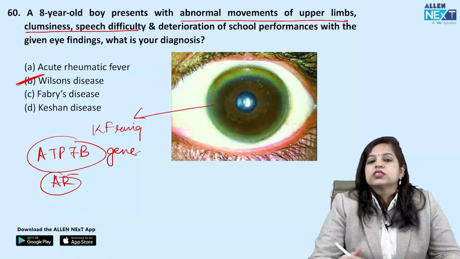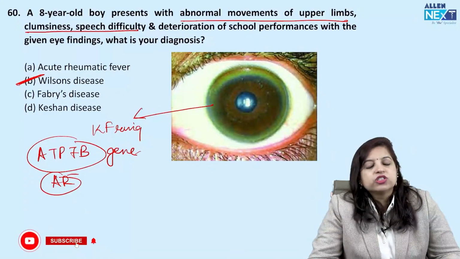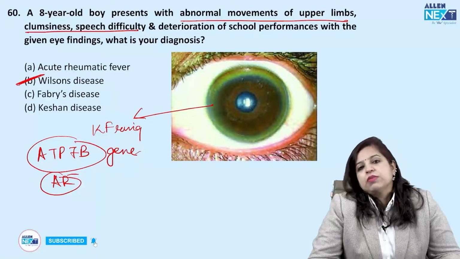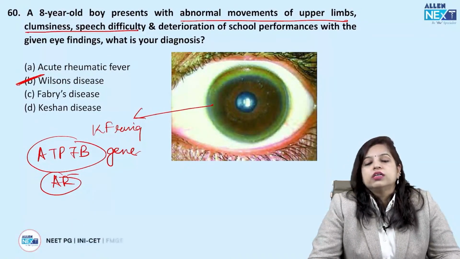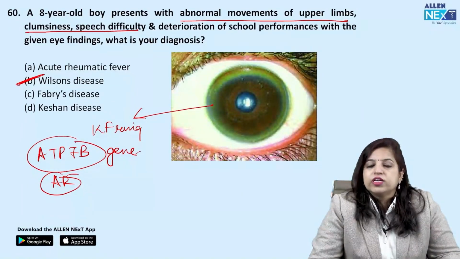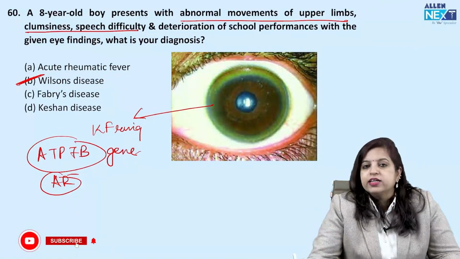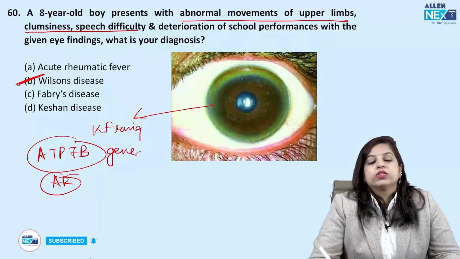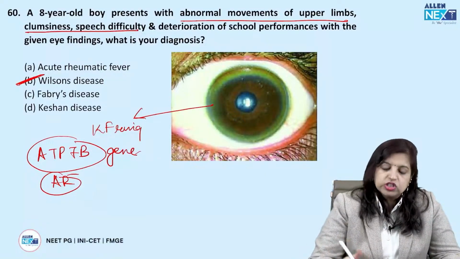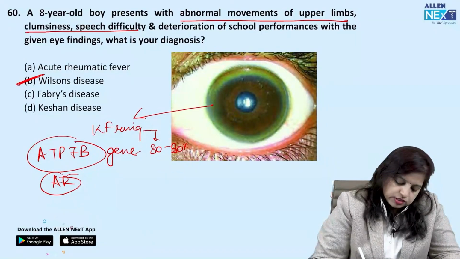And KF ring is seen more in the neurological manifestation. However, younger children usually have hepatic manifestation in form of increased jaundice, right? Jaundice with very high bilirubin levels in a child more than 5 years of age, always suspect Wilson. While the older children present with the neurological presentation in which KF ring will be seen in more than 80 to 90% of the cases.